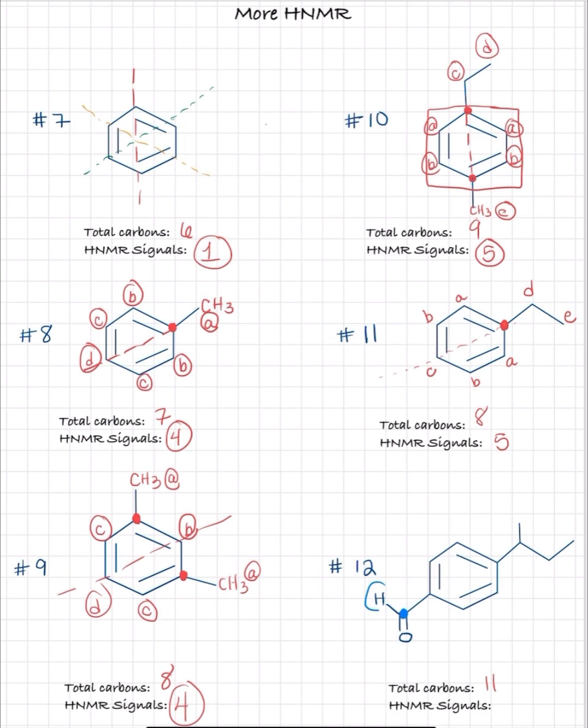However, there's a hydrogen on here. Now you have to be careful for these. If you see a single hydrogen that's on an aldehyde or a carboxylic acid, it counts. So immediately we're going to count that as A. So the next carbon here does not have a hydrogen, that does not have a hydrogen.